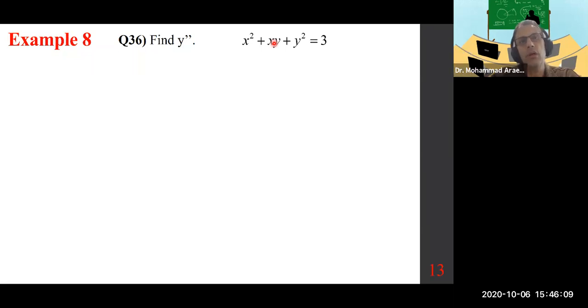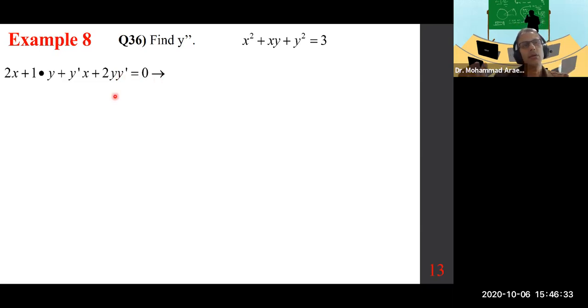By now you are comfortable with that, I hope. And y squared gives you 2y prime. The right side number gives you 0. So quickly, x squared gives you 2x. X times y, that means 1 times y, plus y prime times x. And then y squared is 2y prime.